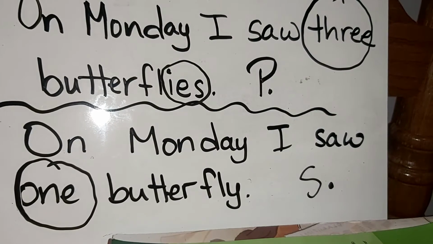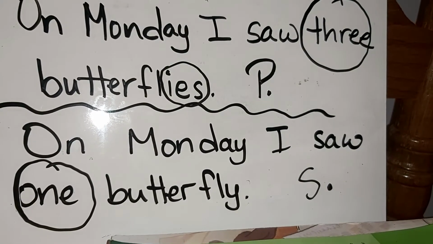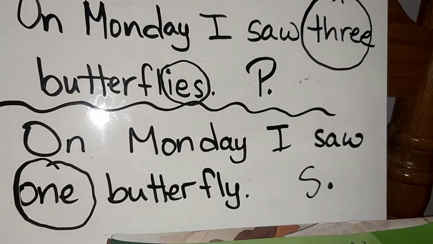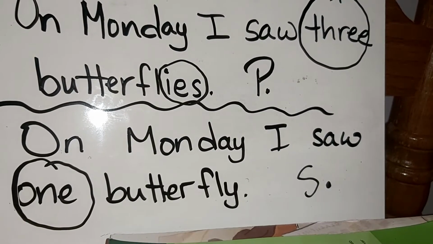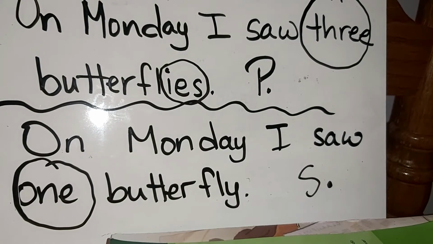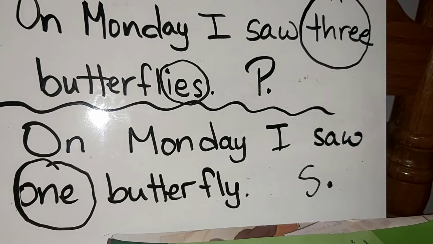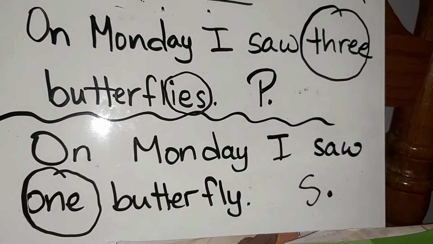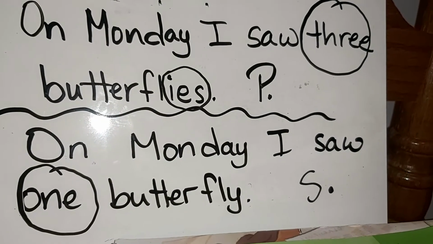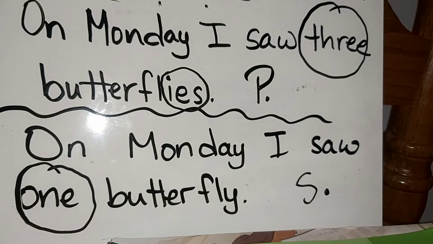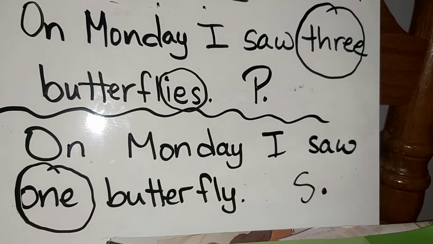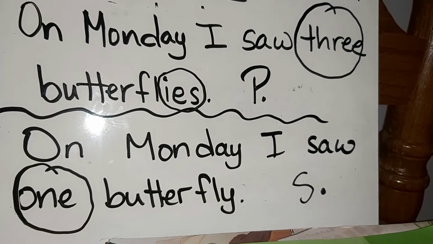The next sentence you're going to write, they bought many different supplies at the store. Again, they bought many different supplies at the store. Go ahead and pause this video as you write the sentences I just said. If you need a repeat of the sentence, go ahead and rewind the video.